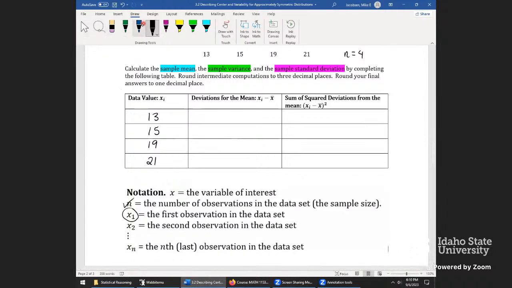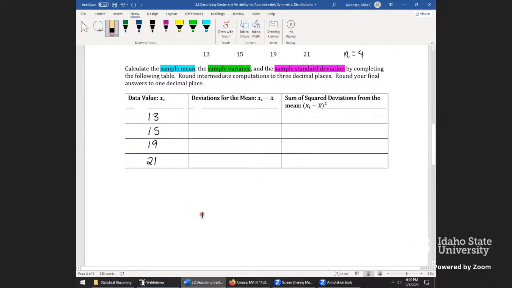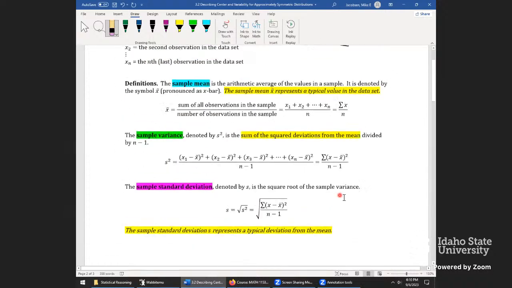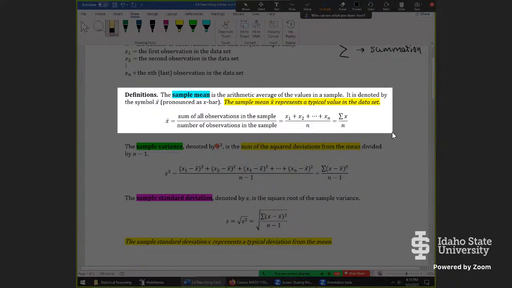Okay, now that we've done that column, the next thing we can calculate really quickly is sample mean. Let's grab the formula just to see how that formula would actually work if we were doing this all by hand.